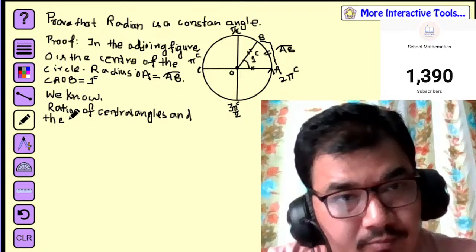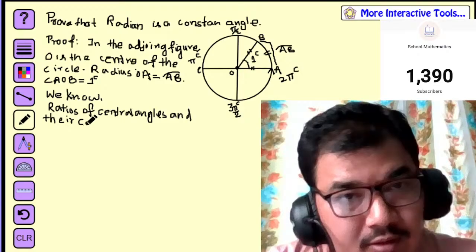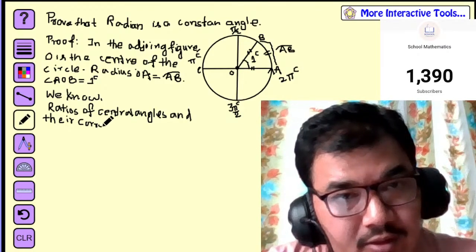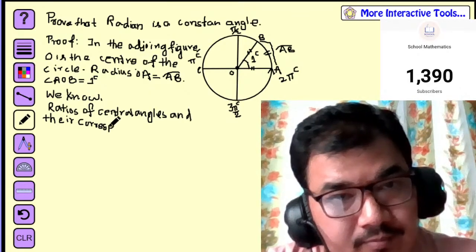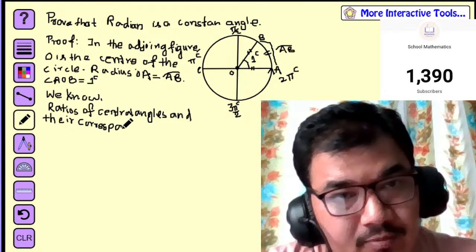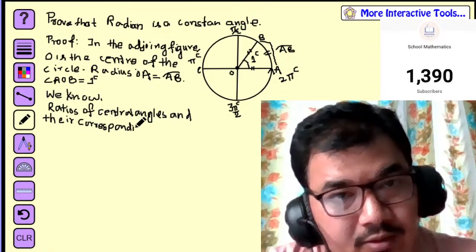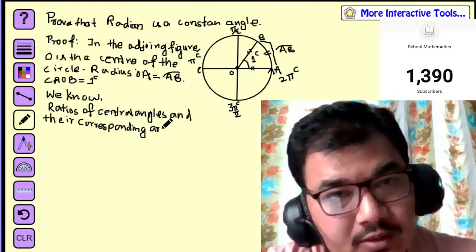Their corresponding arcs are proportional, right here.